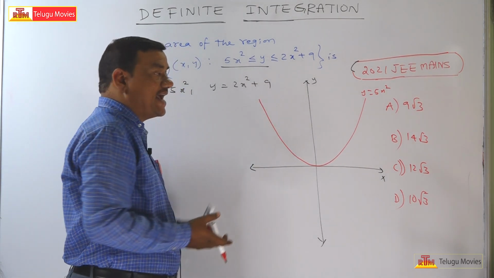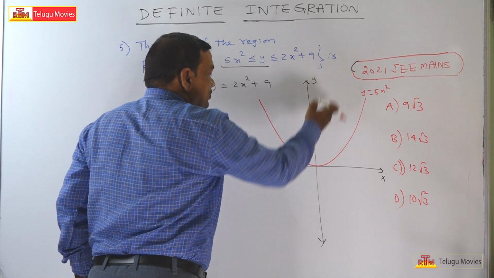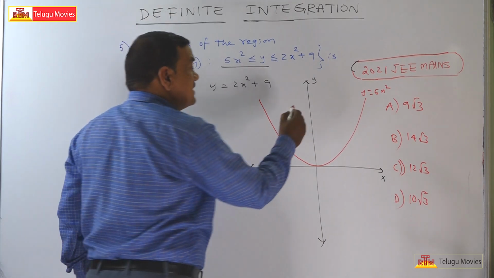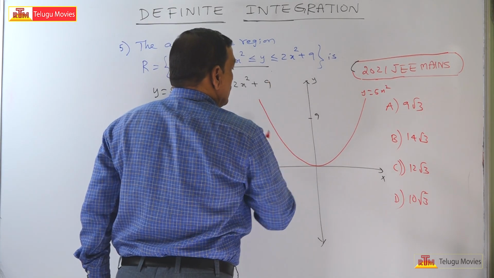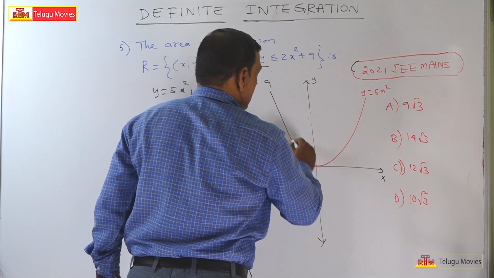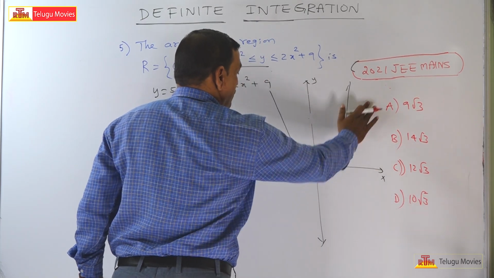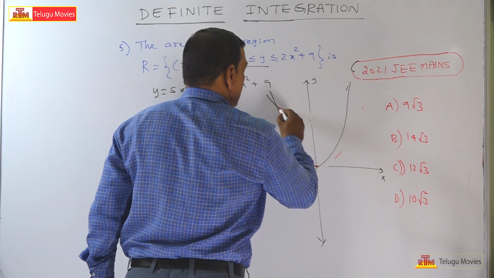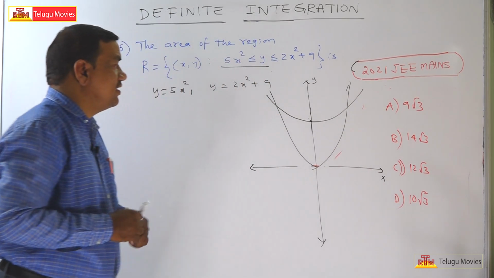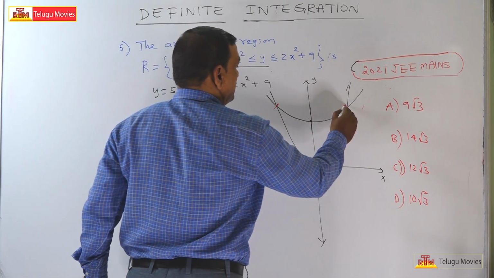If it were y is equal to x square, it would also pass through the origin. Plus 9 means it will go upward, plus 9 here. This is one graph, this is another graph, and definitely they are intersecting.